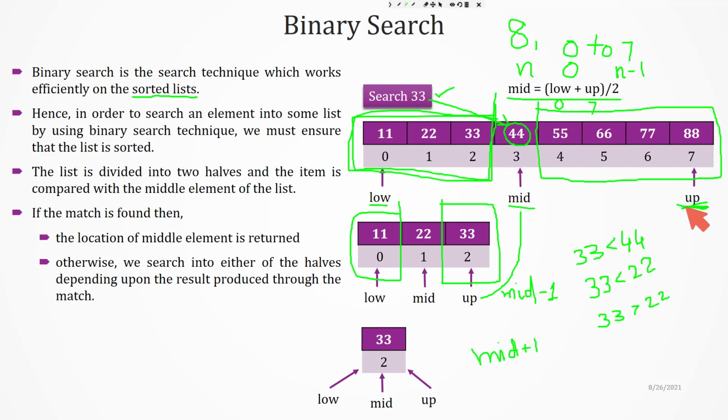If the element to be searched is on the right hand side, the low value will be updated by applying mid plus 1. Is the mechanism clear? If it is clear, please type a clear message in the chat box.